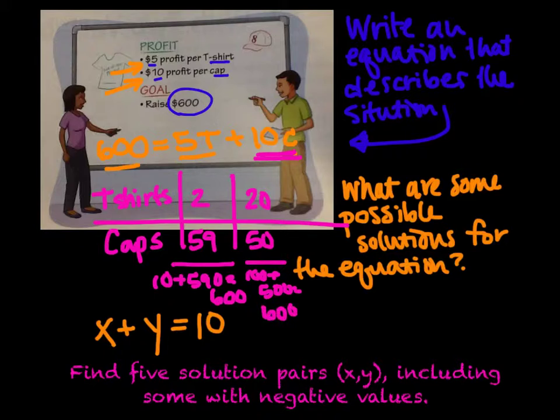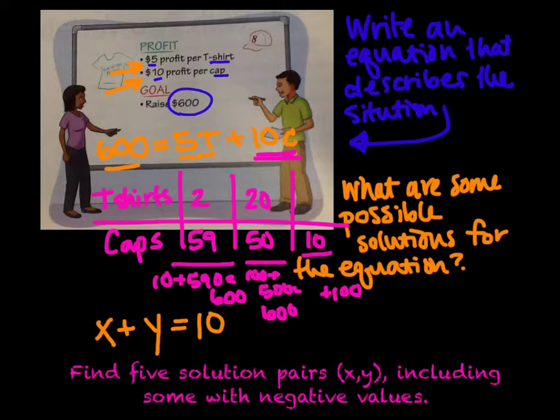Let's see if we can figure out one other possible solution. Let's decrease the number of caps, perhaps. Let's say we're only going to sell 10 caps. 10 times 10, so essentially we're selling 10 baseball hats, and we get $100 from that.